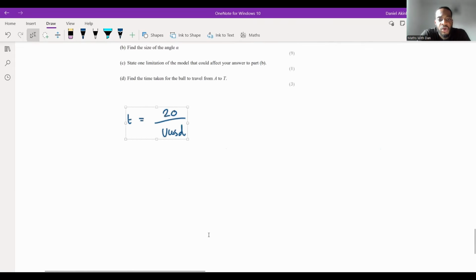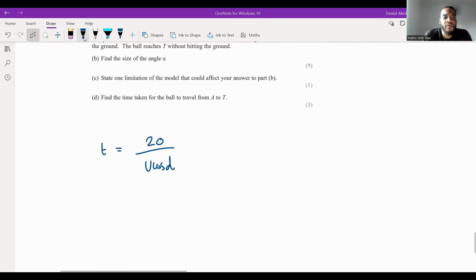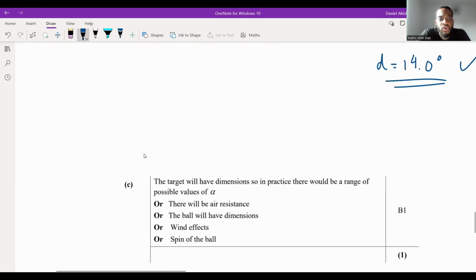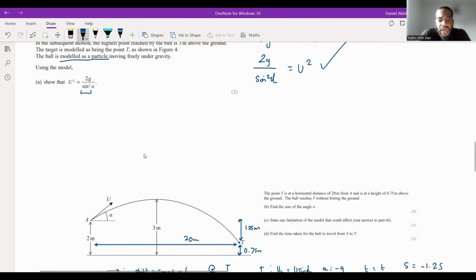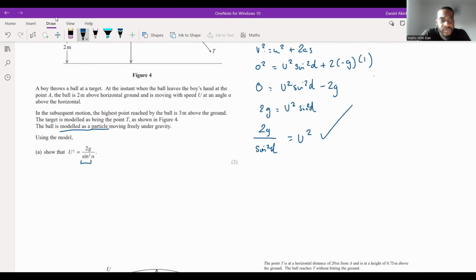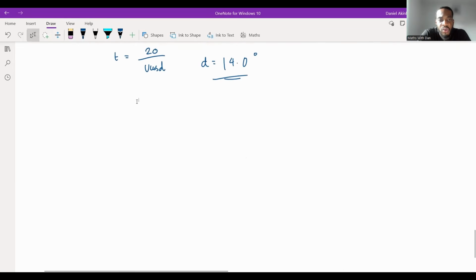Yeah. So with that being said, we know what alpha is, right? So you can plug in alpha into there, but then you need U. Alpha's 14 degrees. Also, U is the square root of U squared, and we know what U squared is. So you can do that there, and then you can plug that in.